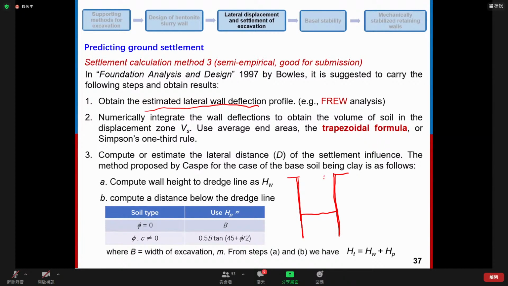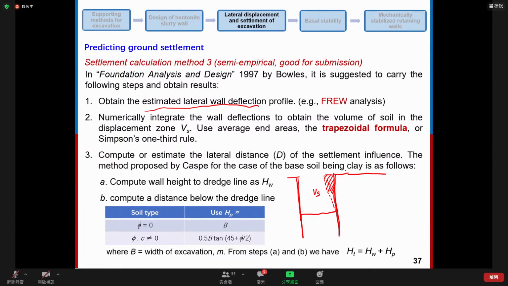So the first step is to estimate the lateral wall deflection. Let's say we already know the lateral deflection of the retaining wall. The next step is to calculate the deflection volume, which is the volume of this area, Vs. For calculating the volume Vs, we also use a numerical method, or we can use the trapezoidal formula or Simpson's 1/3 rule.